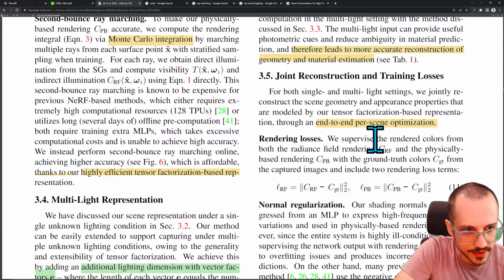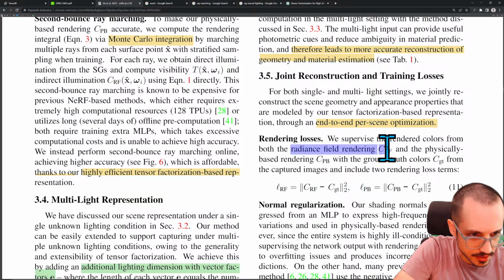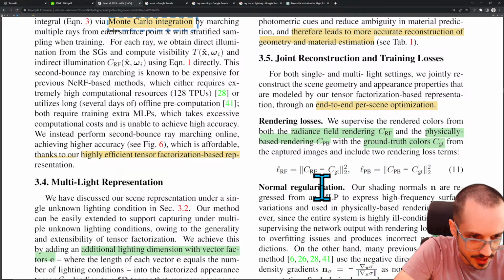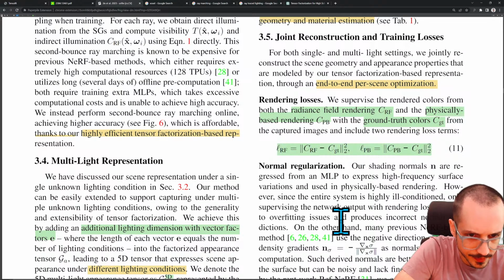Rendering losses. We supervise the rendered colors from both the radiance field rendering and the physically based rendering with the ground truth colors. So you have the physically based colors, you have the radiance field rendering, and then you have the ground truth colors, and then you have the L2 losses for each of those.